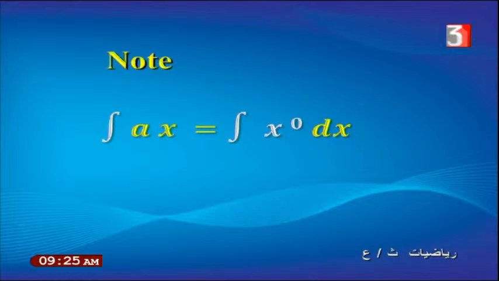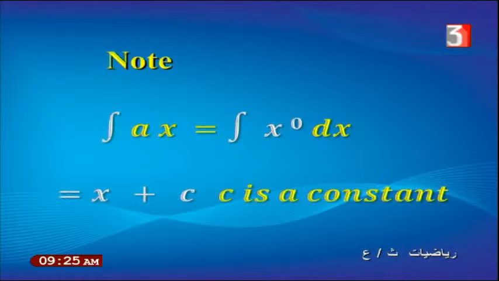Another note: integration dx equals integration x power 0 dx, which equals x power 1 plus c, where c is a constant.